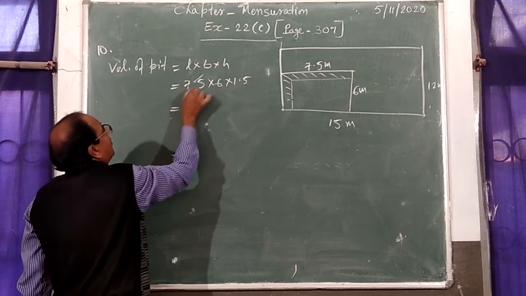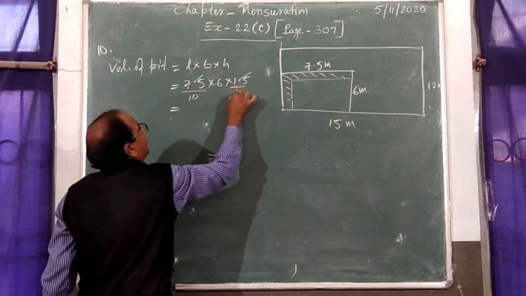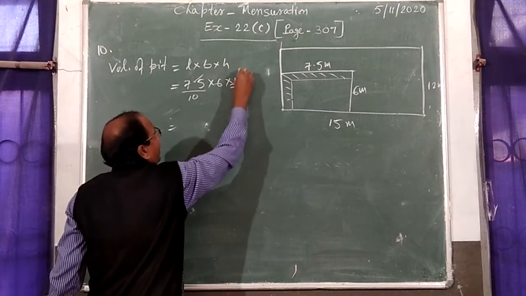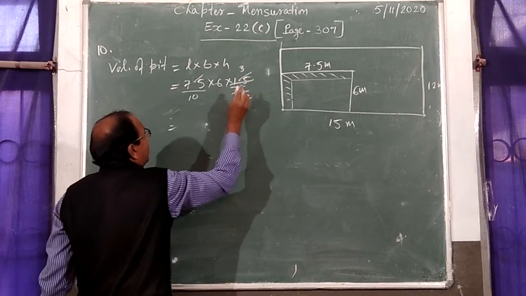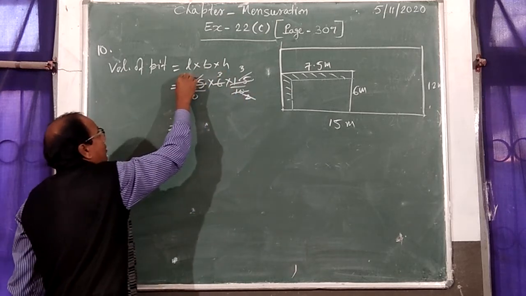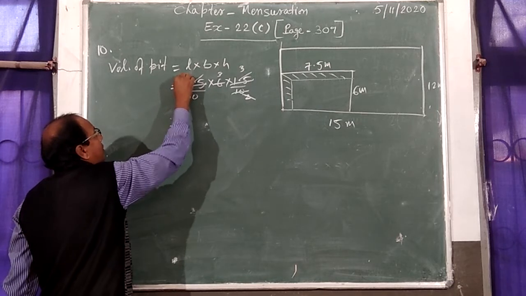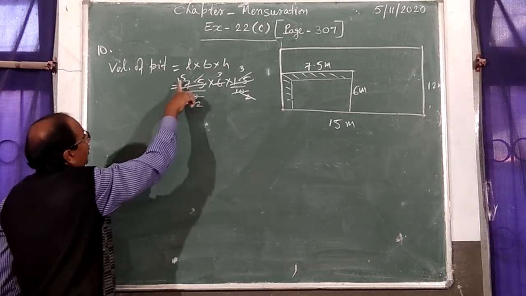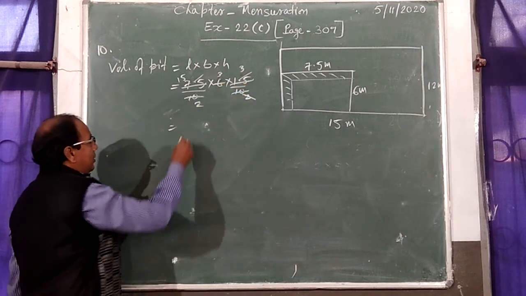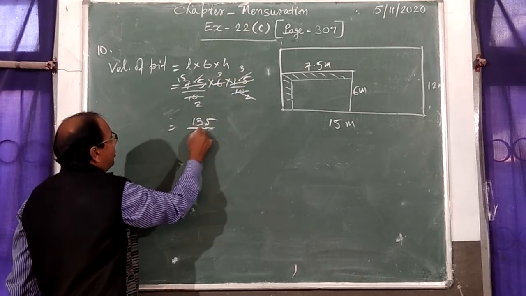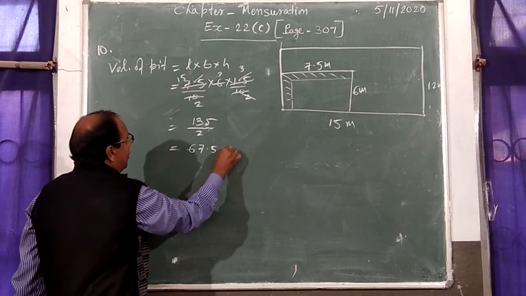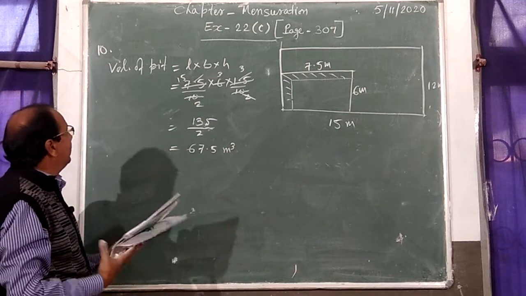Calculate it. Remove decimal point, 10 comes. Okay, now let's go for calculation. 5 3s are 15, 5 2s are 10, 2 3s are 6, 5 15s are 75, 5 2s are 10. So here 15 into 3, 45 into 3, 135 by 2 is equal to 67.5 meter cube. Have a look if you have doubt.